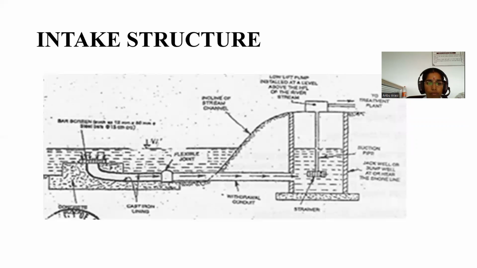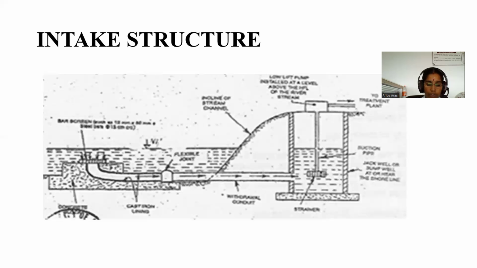Intake structures. Before that, factors governing the location of intake structures. As far as possible, the site should be near the treatment plant so that the cost of conveying water to the city is less. The quantity of water is a must because throughout the year we supply the water to the nearby city.